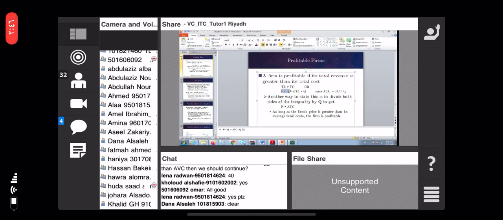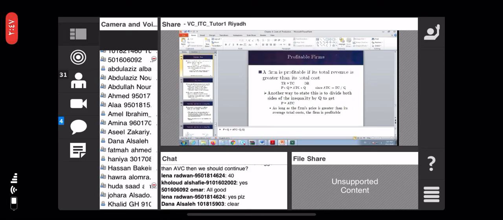If P times Q is larger than ATC times Q, since ATC, average total cost, equals total cost divided by Q, another way to state this is to divide both sides of the inequality by Q to get P larger than ATC. As long as the firm's price is greater than its average total cost, the firm is profitable.